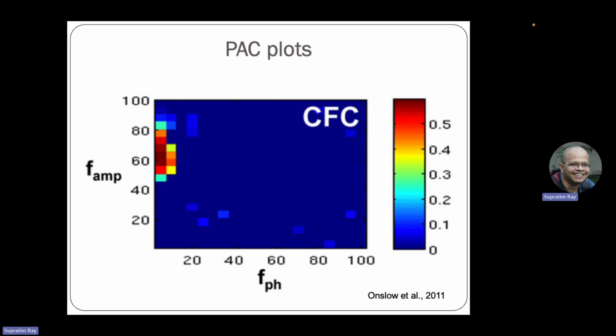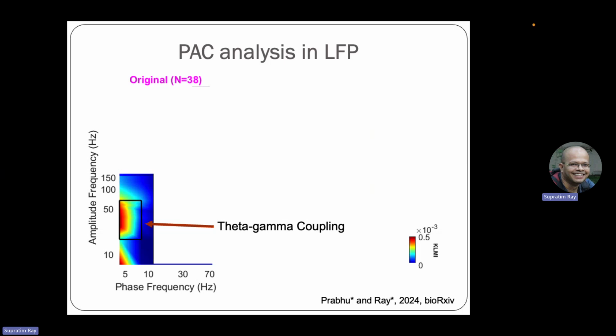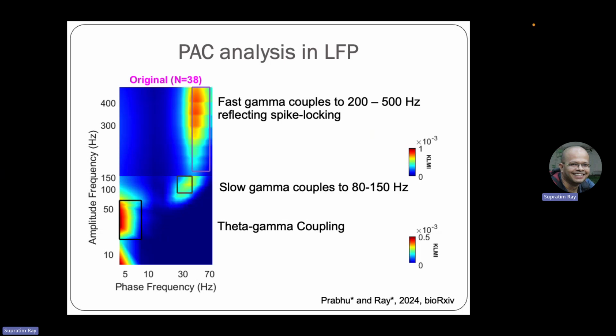So we wanted to ask if slow and fast gamma are also coupled to something. So she did that. There is a theta gamma coupling in our data as well. This is the same data that you all have, so you can do this analysis and get a plot like this. In addition, slow gamma couples to a frequency range between 80 to 150, while the fast gamma couples to a different range, between 150 to 500 hertz.